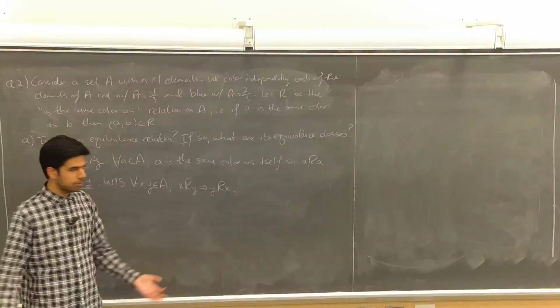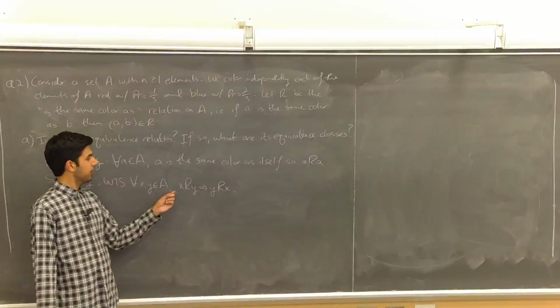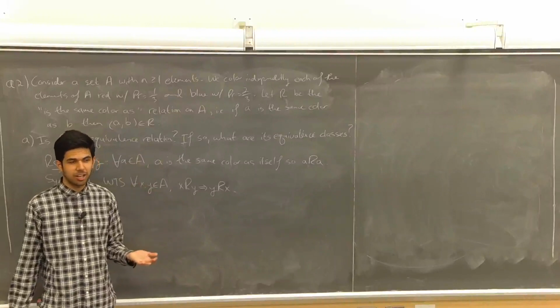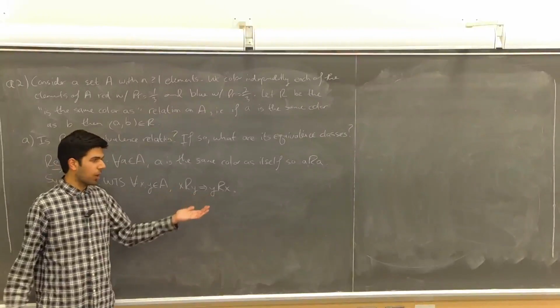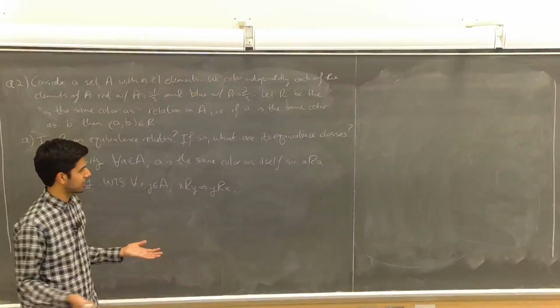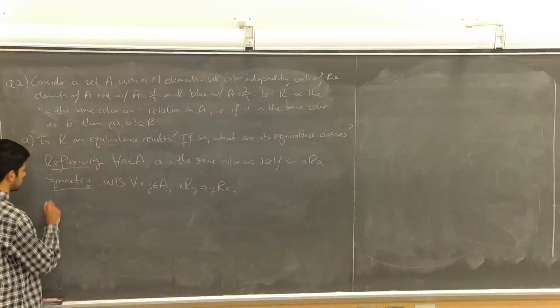I won't really write this out because it takes time, but I'll just explain it in words. If we know x is related to y, then x is the same color as y. Well, that must mean that y is the same color as x, right? We're just flipping it, but we still know that they're the same color. So symmetry also holds. Now for transitivity.